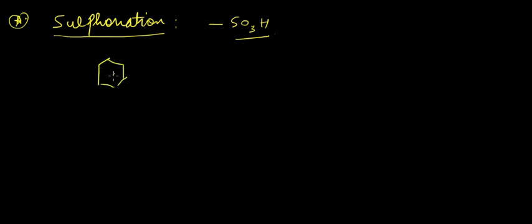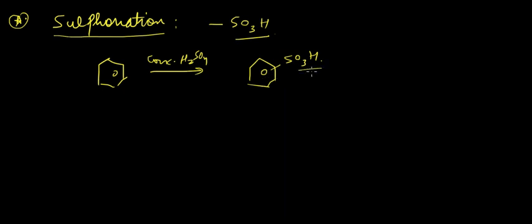We have a benzene ring, and this benzene ring, when placed in concentrated H2SO4, the end result is that this group attaches itself to the benzene. I'd like you guys to think about the reaction mechanism of this reaction, and I hope you will be easily able to get it.